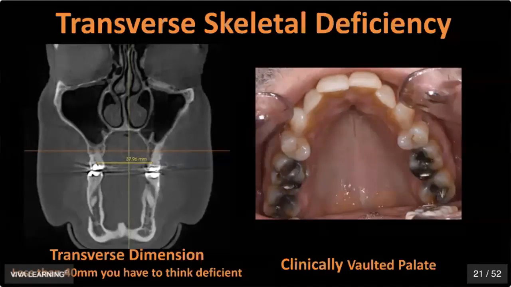But with some posterior tongue ties, the muscle is so strong that it prevents the tongue from getting to the roof of our mouths. And we need that in order for our palates to expand. It's kind of like our body's natural orthodontics. If we can't get our tongue up there, we're more likely to be narrow and constricted and with a vaulted palate.